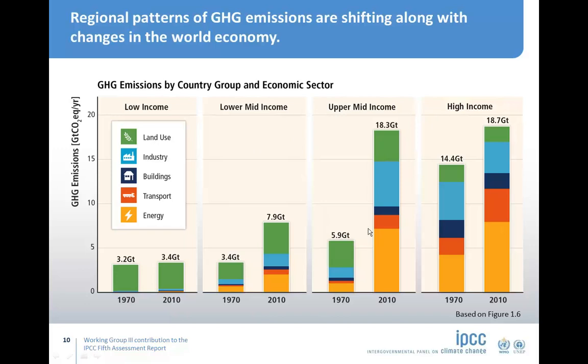So, probably unsurprisingly, the high income sectors have been producing more greenhouse gas emissions than the lower income sectors. But the trend is that it is increasing. And you can see the breakdown here that energy is a huge factor, transport is a huge factor, and buildings are quite a significant factor.